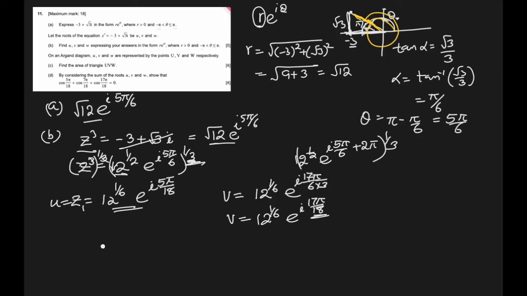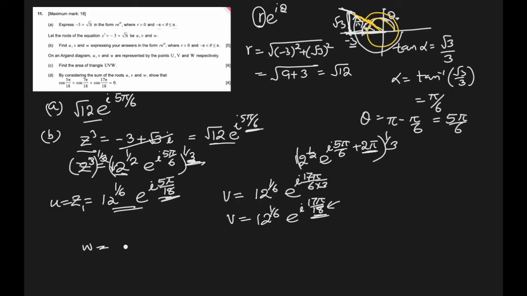So for the third one, which is w, we will not go beyond this. Otherwise, we could have added 2 pi, and in place of 2 pi, we would write 4 pi and get the next one. But because this is very, very close to pi, what will we do? We will go backwards. So I will go in the opposite direction. This one will be minus 2 pi from the 5 pi over 6, the one we got here.